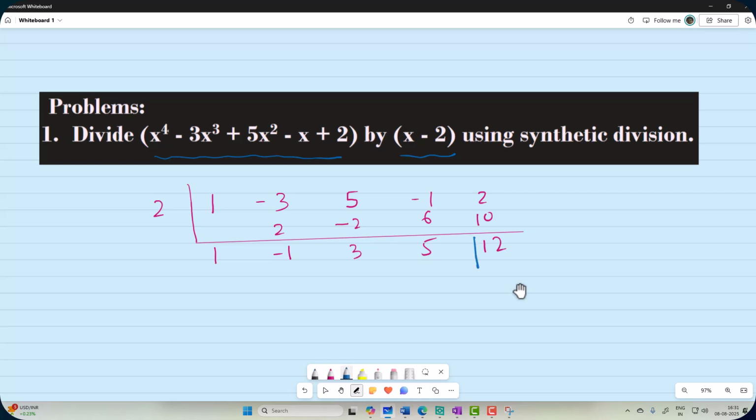Now this term is going to be the remainder, and the quotient q(x) is going to be x cubed minus 1 into x squared, 3 into x plus 5.